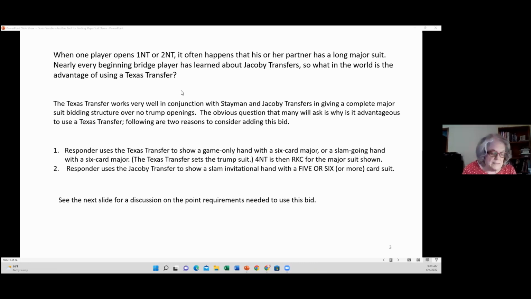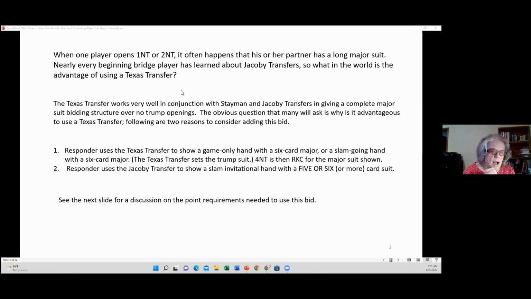Well, because, as I said, the Texas transfer works so well when combined with Stayman and Jacoby transfers to form your whole major suit bidding structure over a no trump opening. One of the reasons that it is so helpful is that the responder can use the Texas transfer to show a hand that is interested in game only.